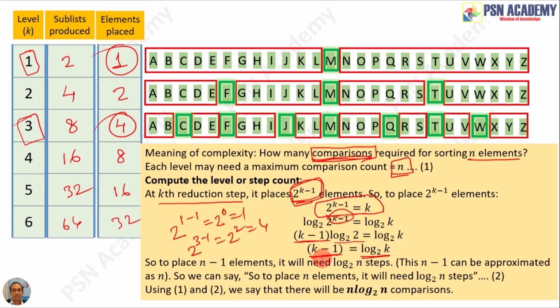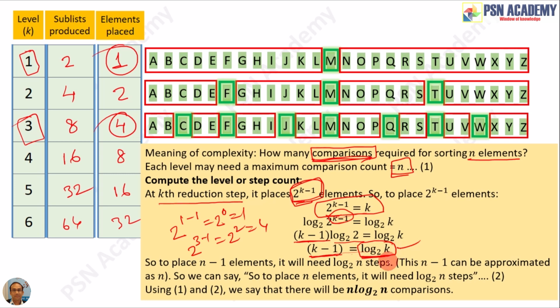So you see that for placing 2 raised to k minus 1 elements, you need log of k base 2 steps, right? So change the k to n and you get n minus 1 elements need log of n base 2 steps. Now this is an approximation, so in place of n minus 1 you can write n. So for handling n elements, you need log of n base 2 steps, right?